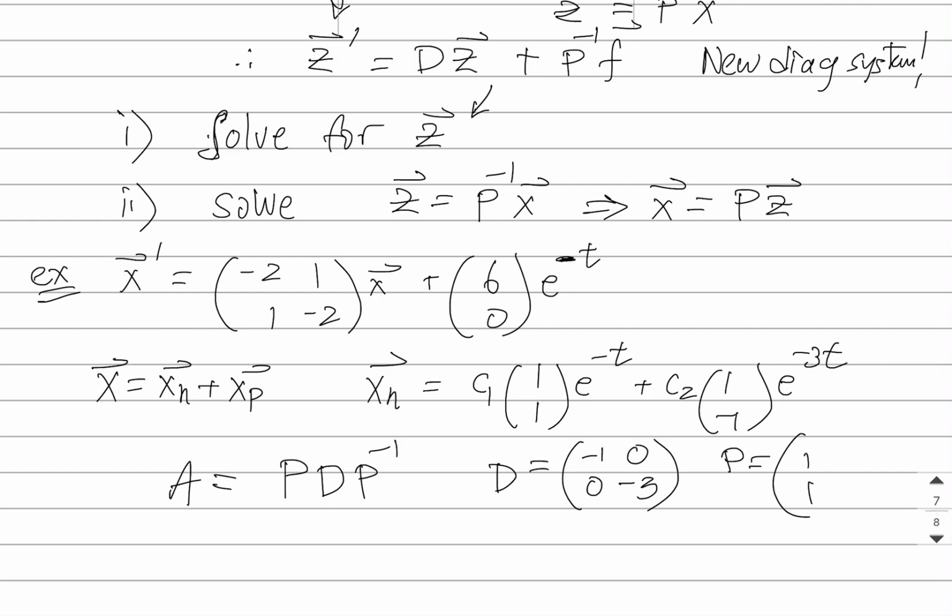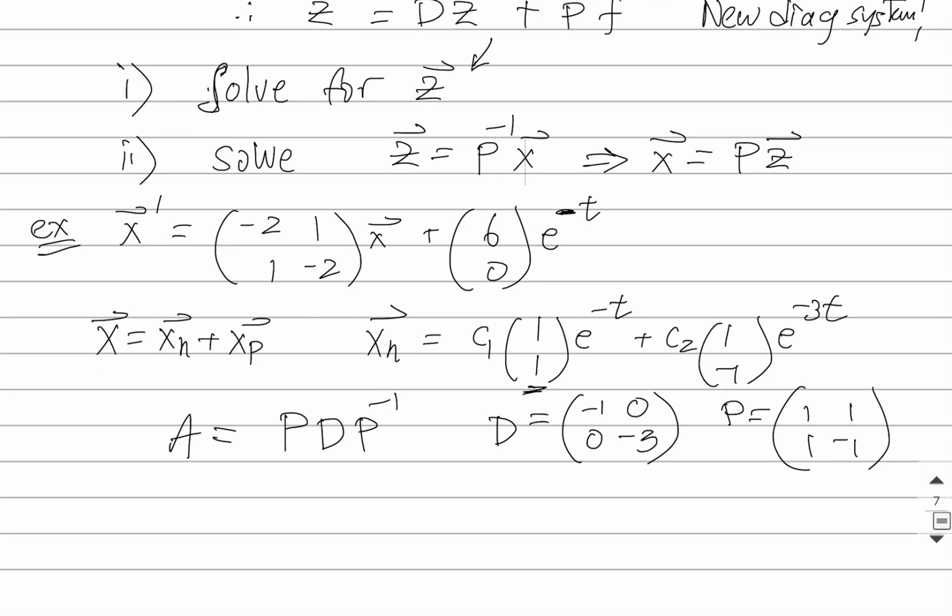So the vector that corresponds to the eigenvalue of negative 1 is the vector 1, 1. And similarly, this vector has to be 1, negative 1. Now, it's really easy to compute the determinant or the inverse of a 2 by 2 matrix. You essentially just swap the diagonal entries, change the sign on the off diagonal entries, and then multiply by 1 over the determinant out front.